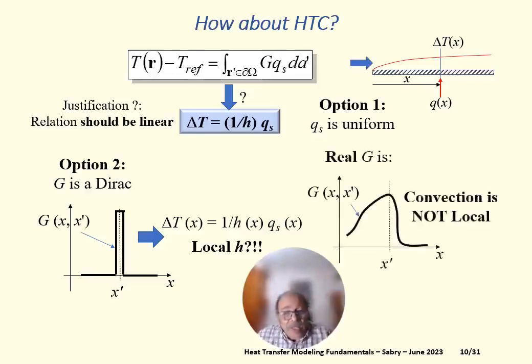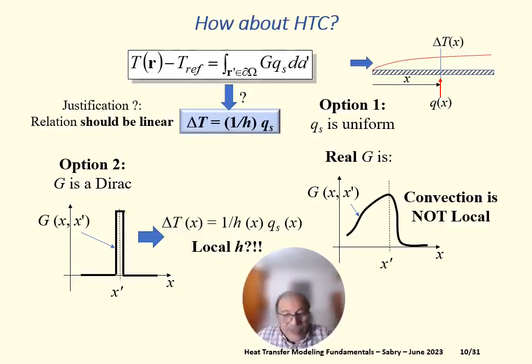It is the highest at the point where I want to calculate delta T, the point X dash. So the highest weight will be Q at this X dash. But I still have a relatively correct weight for heat fluxes upstream of this point. And it may go to zero very rapidly downstream if the Peclet number was high.